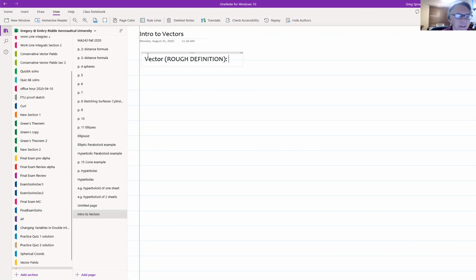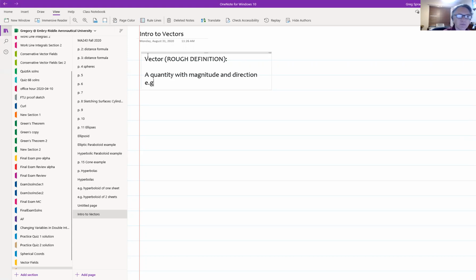If you take a class in linear algebra, you should see the real definition of a vector. So the usual rough definition of a vector that you'll see is a quantity with magnitude and direction.